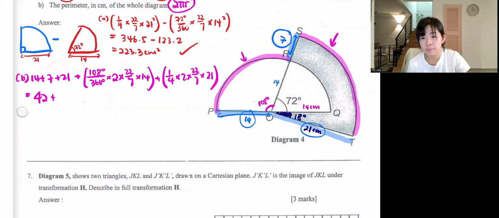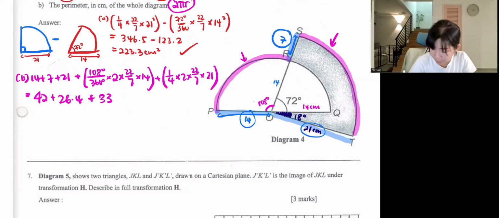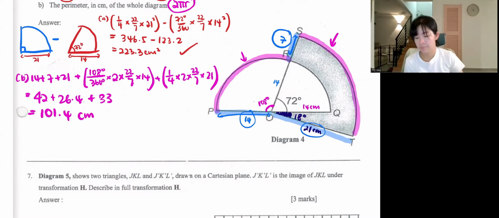Plus 26.4. Plus 33. Your answer is 101.4 cm. So you got the answer.